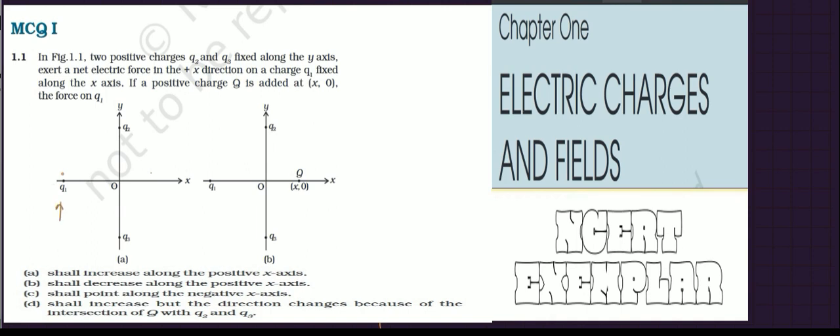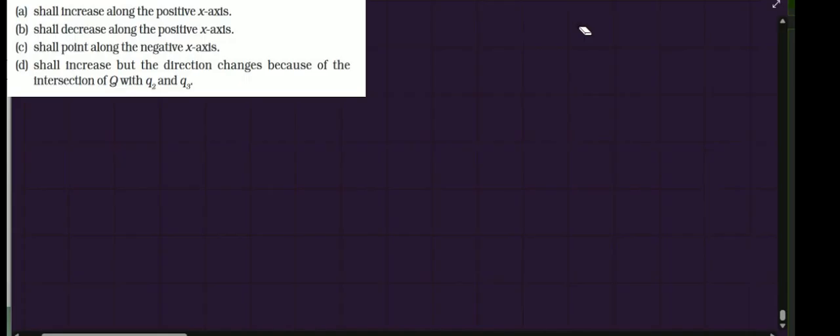Both the charges are positive, and the charge Q1, which is fixed, is unknown, but it says that the net force is in the positive x direction.